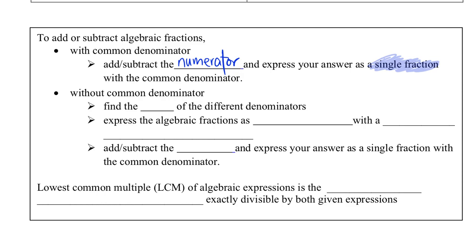As for the fractions without common denominator, we will try to find, this is something for you all to take note, the lowest common multiple of different denominators, so that we could then express the algebraic fraction as equivalent fractions with a common denominator.